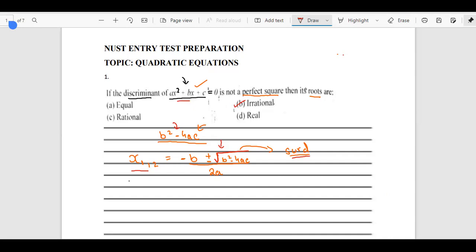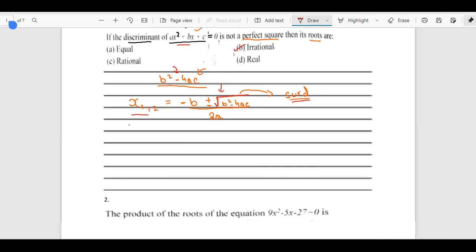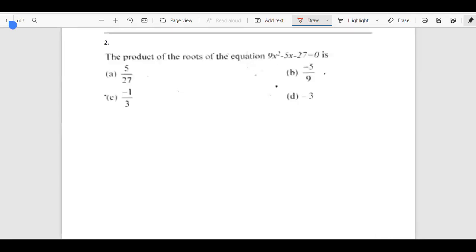Now let's talk about the second question. The product of the roots of the equation, this is, okay. Guys, you have to be very careful about the fact that you are doing all these questions not for your A levels exam or FSc exam. In fact, you are preparing for the entrance test.